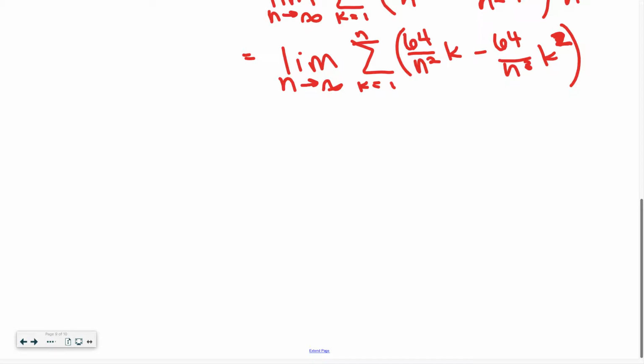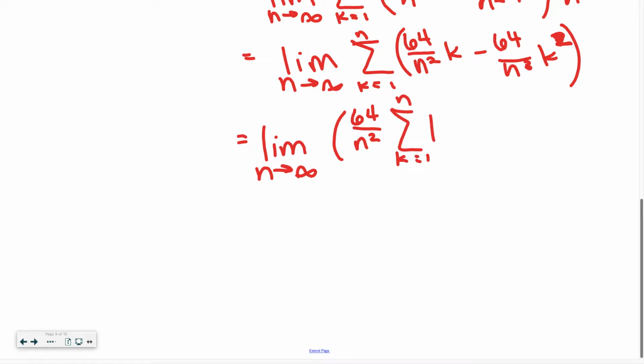That is just us following the line. Hang in there with me, please. So since we're summing up K, I'm going to take 64 over n squared and throw it outside. And then 64 over n cubed and throw that outside the next one.